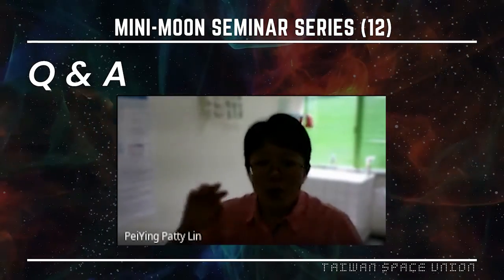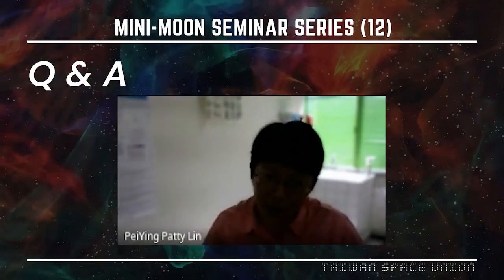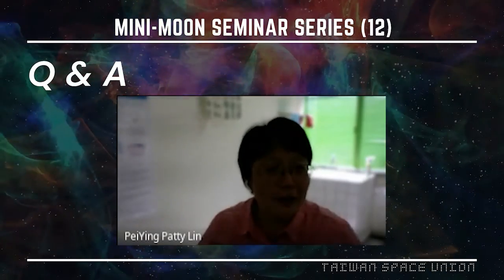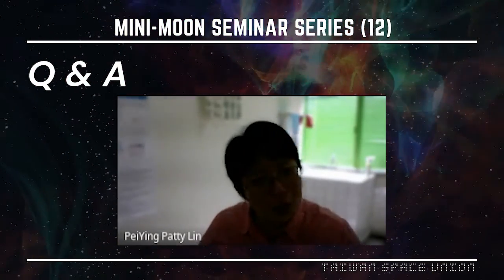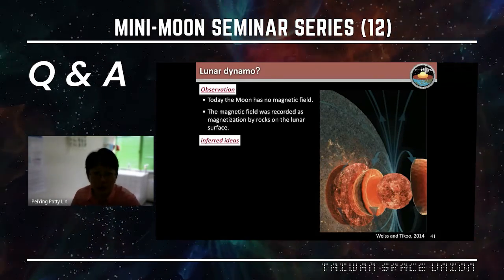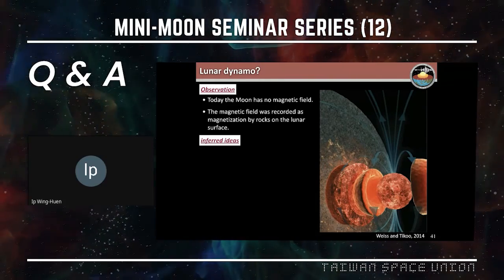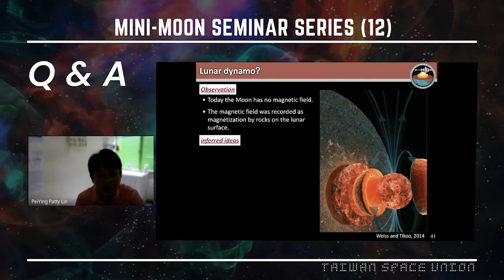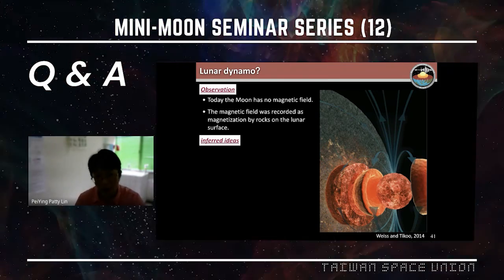Okay, there are several interpretations, and I think I'm hiding a slide I can show here. So actually, from the observation point of view, the lunar core doesn't have a magnetic field, but a magnetic field was recorded as magnetism by rocks on the lunar surface.